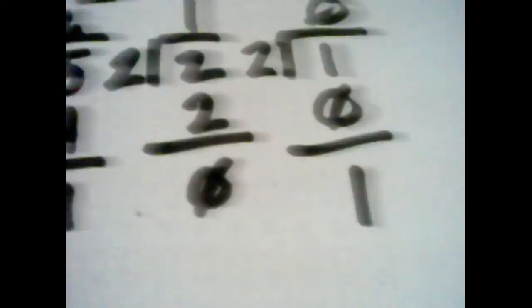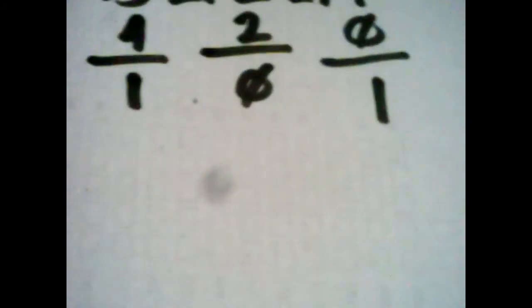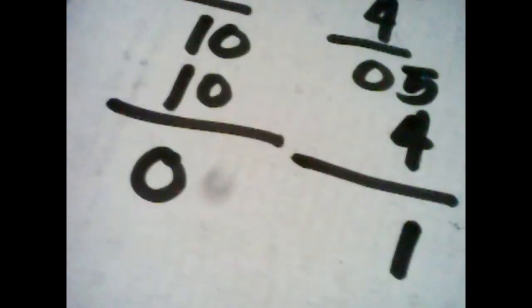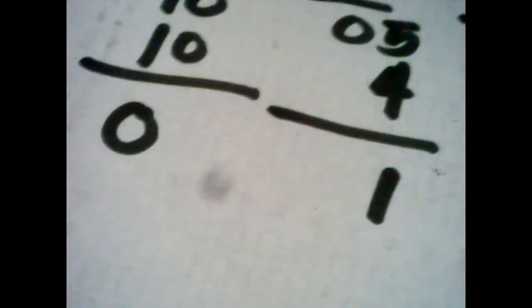Okay, so our answer will be read back from the last remainder going to the first remainder, which is 0. Okay, so this is our most significant bit, 1, and this is our least significant bit, which is 0.